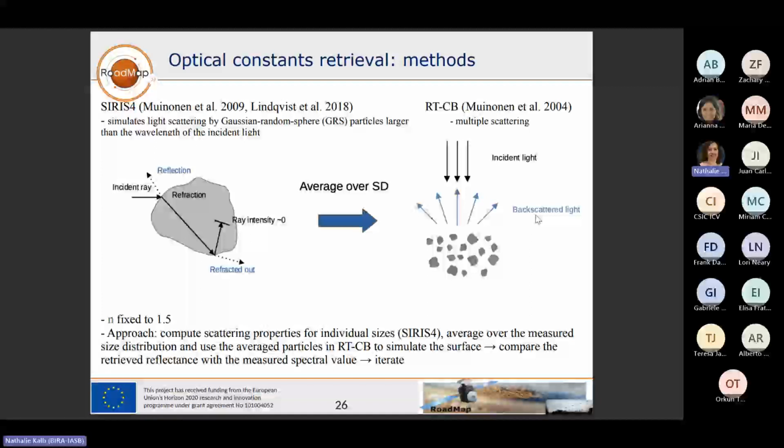We first fixed the real part of the refractive index to 1.5. I will talk later about that as well. The approach was to try different imaginary parts of the refractive index until the modeled reflectance and the measured reflectance match. So this is an iterative process.